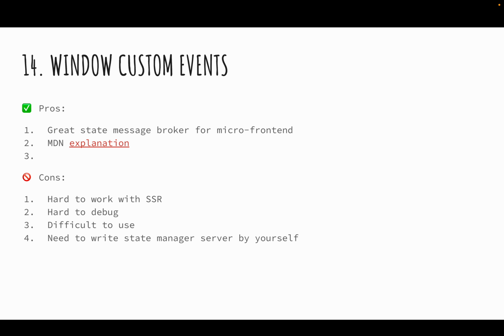For example, the dashboard is written in Angular, charts are written in React, some sidebar is written in Vue, and you need to share state securely between them. So the window custom events mechanism can be useful for it. But again, it's hard to work with SSR, hard to debug, difficult to use, and you need to write the state manager by yourself.